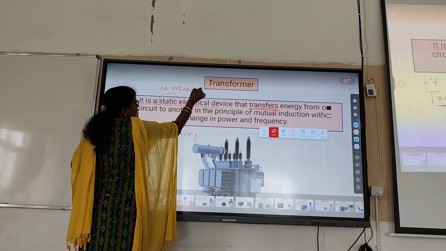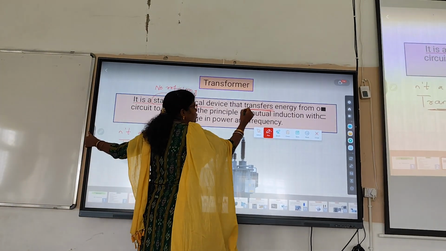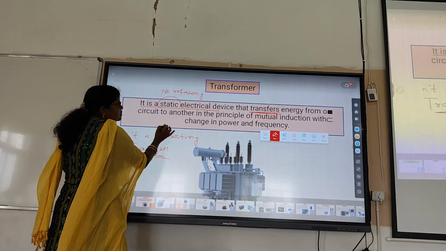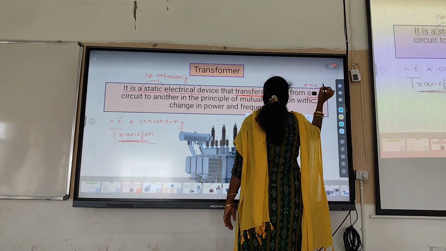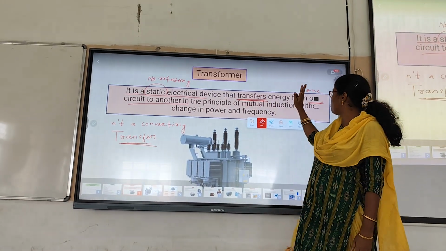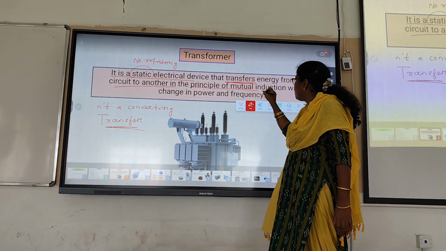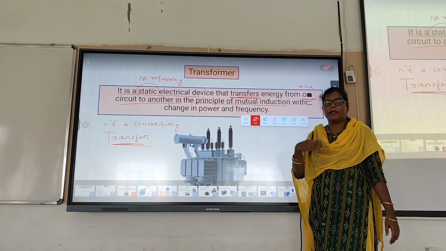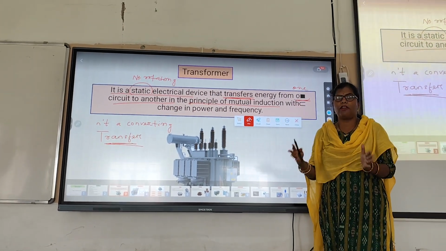Okay, so static means no rotating part, and it is used to transfer electrical energy from one circuit to another circuit. It means from one side to the other side on the principle of mutual induction. Okay, what is the principle? Mutual induction means mutually they share the magnetic flux.